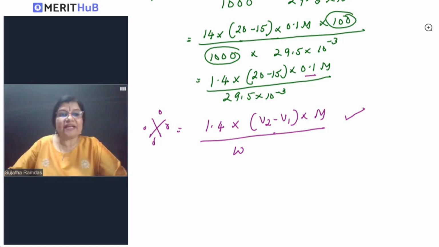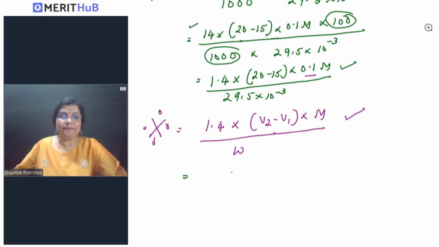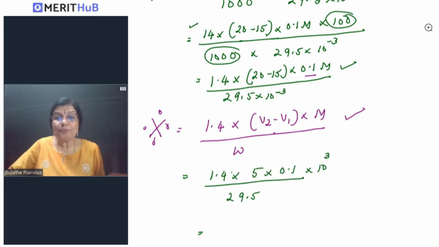Now let's continue and complete that final answer here. We are going to use this formula; it's easier to calculate using this formula. Or you can use this formula and substitute. 1.4 into 5 would be 7. 7 into 0.1. I'm retaining 0.1 as 10 to the power of minus 1.